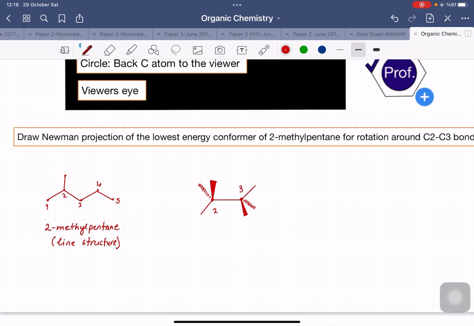This is the 3D structure of ethane molecule.